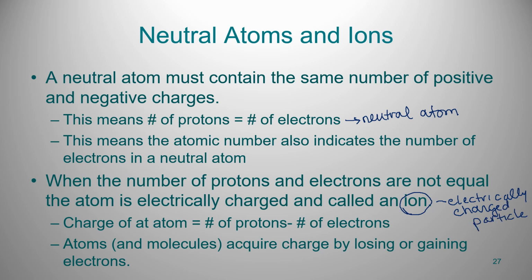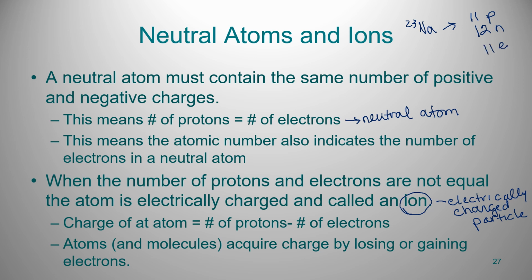So what happens, and you may not know why, but we'll talk about that probably in the next chapter. Let's go back up to my sodium. Sodium 23 has 11 protons, 12 neutrons, and 11 electrons.